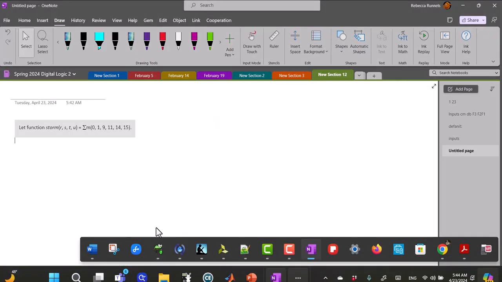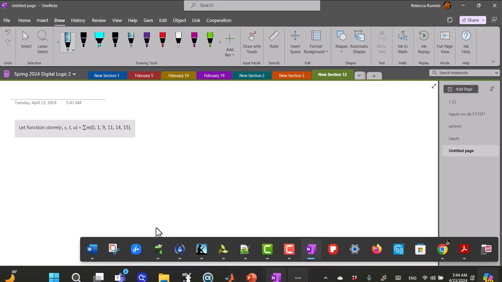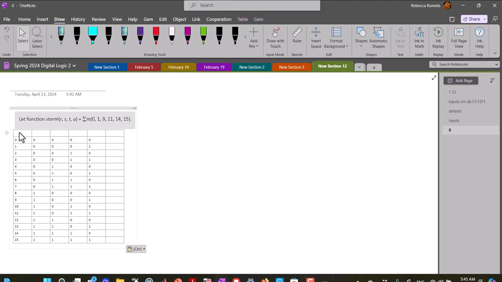So, let's start with making a truth table. Alright, so I have my variables R, S, T, and U. Oops, no, that's my min-term there.